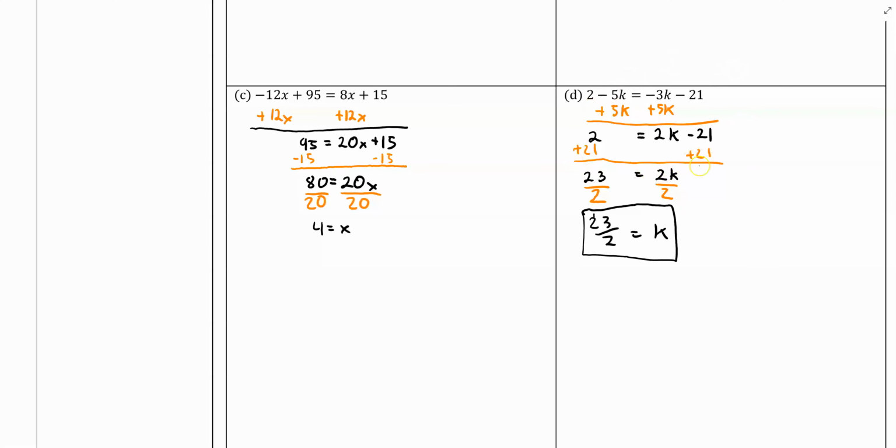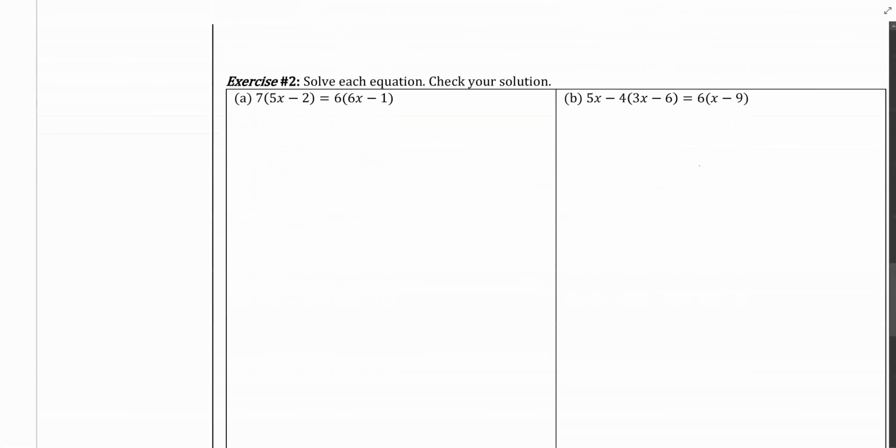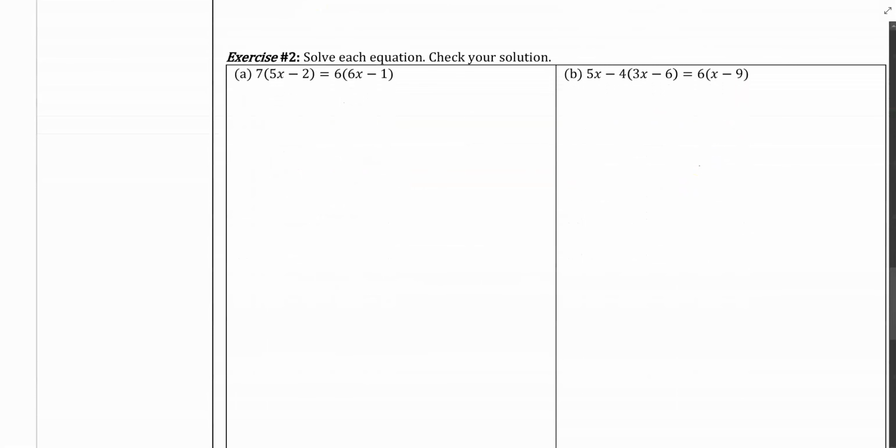Moving on to the next page. These problems are going to be a little bit more involved, but they're not too bad. So we have 7 times 5x minus 2 equals 6 times 6x minus 1. So for these problems, we do have a parentheses. So before we begin killing off the smaller x, we want to distribute inside the parentheses.